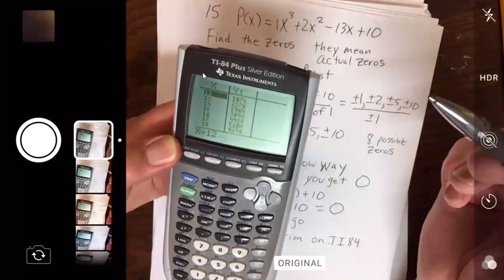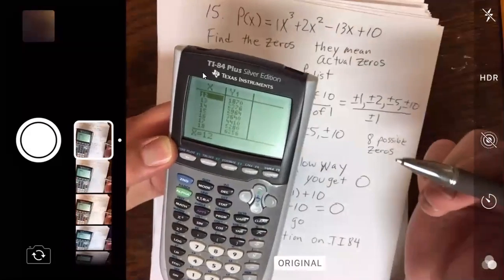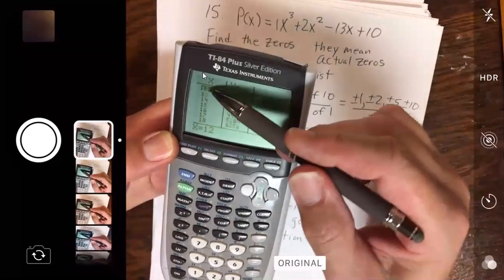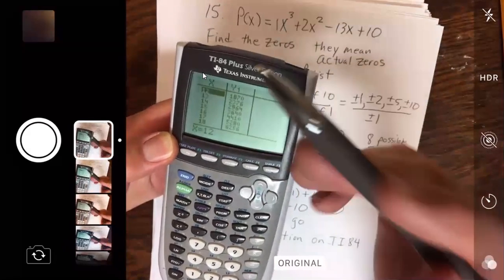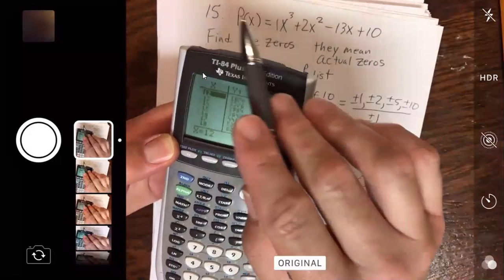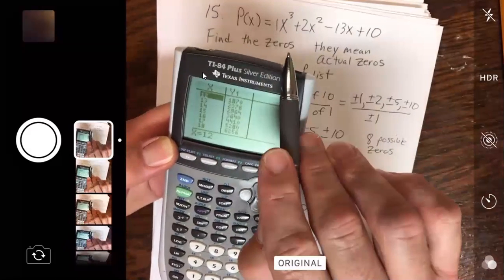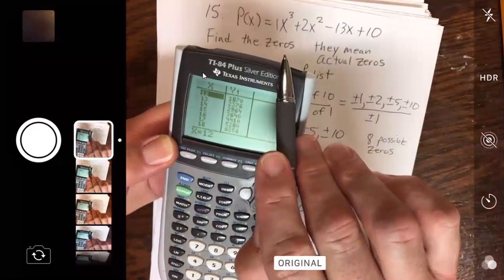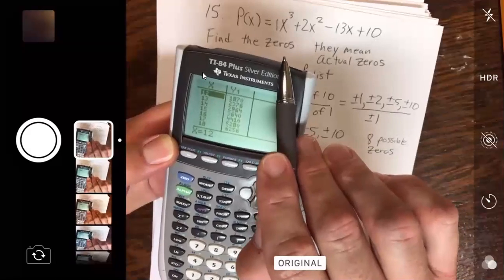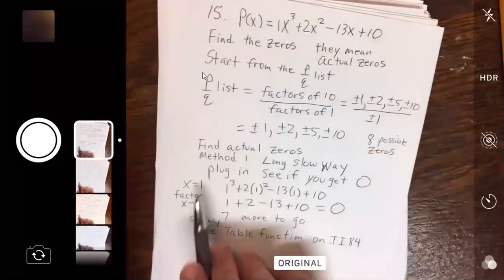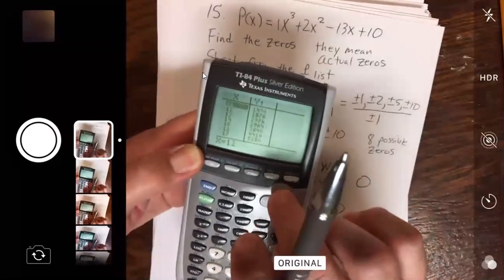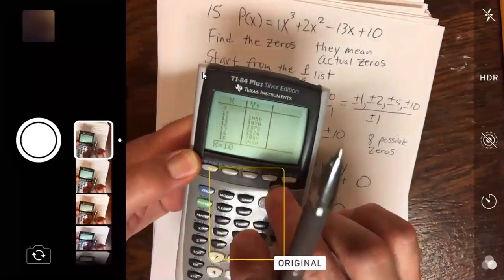Now, what are we looking for? We're looking for x numbers that make this 0. Supposedly x equals 1 is one of them. So let's go up the list and find x equals 1 and see if we get 0.